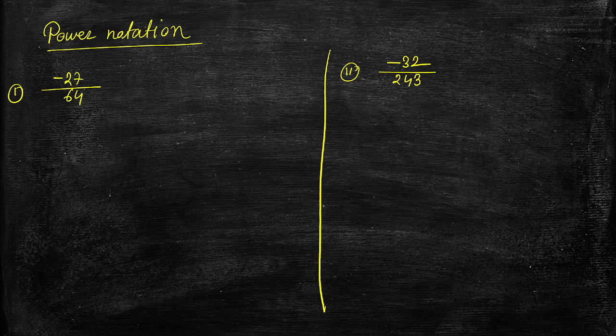Now we'll understand standard form. So what is standard form? Simple, very simple. Suppose a number is given as 687,295. They are asking to write it in standard form.